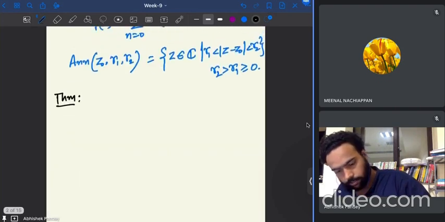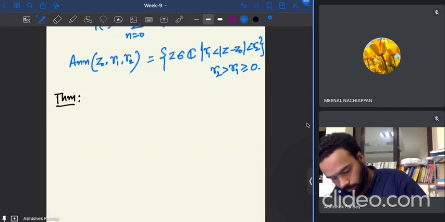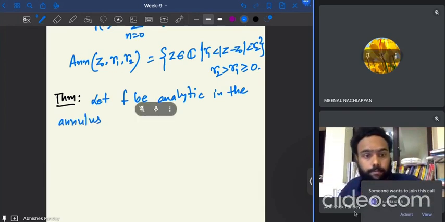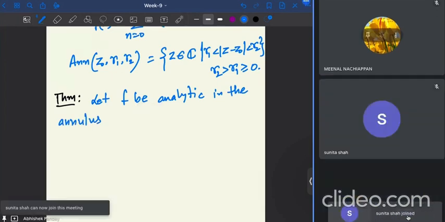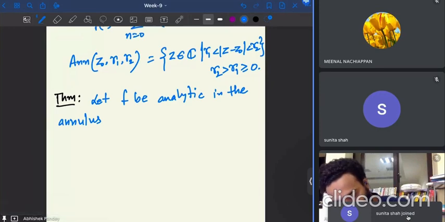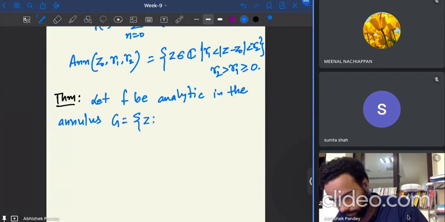It says that let f be analytic in the annulus, let us call it A, centered at z naught with radii r1 and r2.